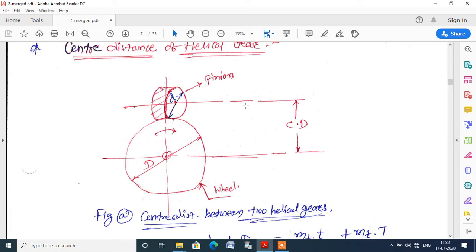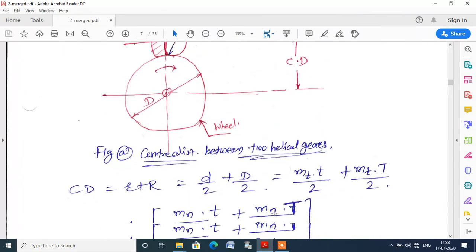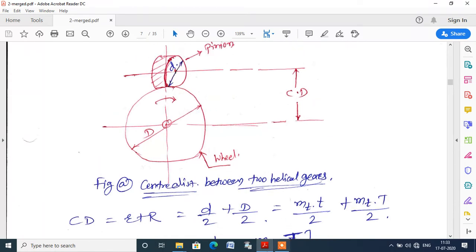Now, if you carefully observe, here is the center distance. I have mentioned that center distance is the distance between the centers of the two gears. Now, if you see the figure, how can the center distance be calculated?